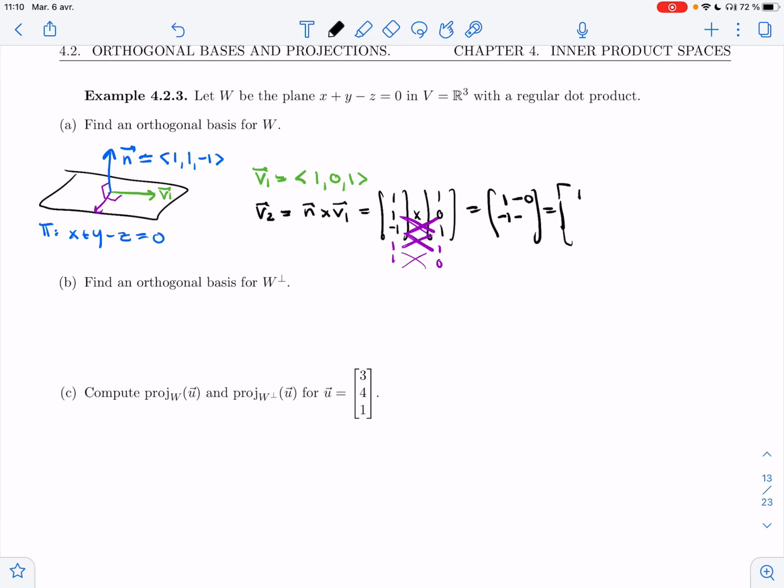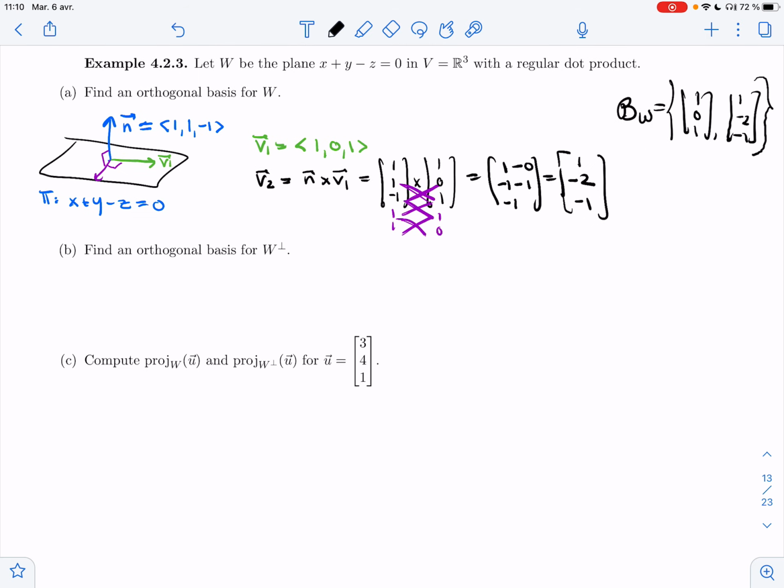And the third one is this one. I get 0, minus 1. I get minus 1, minus 1. All right, so my basis for W is (1, 0, 1) and (1, -2, -1). It is orthogonal. Perfect.